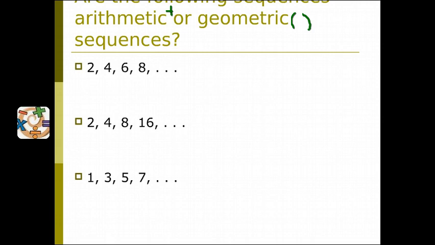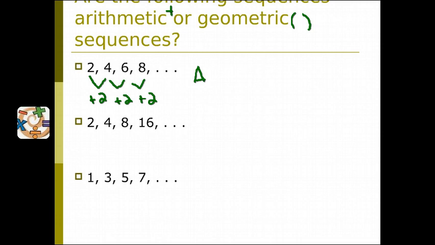So, our first example, how are we getting from 2 to 4? We're adding 2. From 4 to 6, add 2. From 6 to 8, we're adding 2. Therefore, our first example is arithmetic sequence.